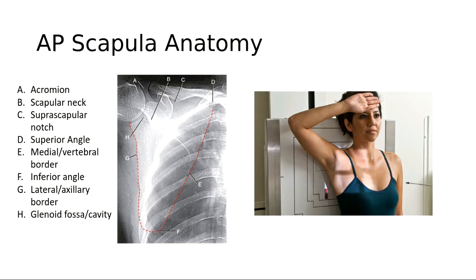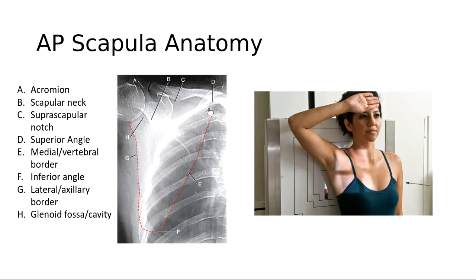If we look at the anatomy of an AP scapula, and this is the image that we had before, you can see again, A represents the acromion process, B is the scapular neck, C is the suprascapular notch. D is the superior angle of the scapula.